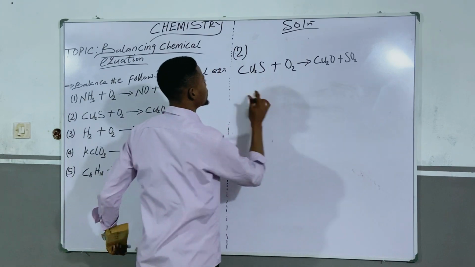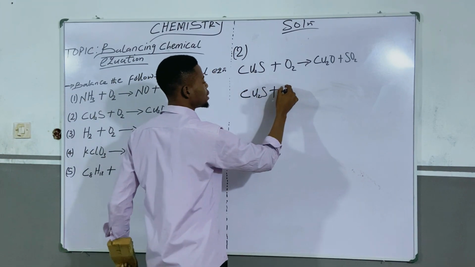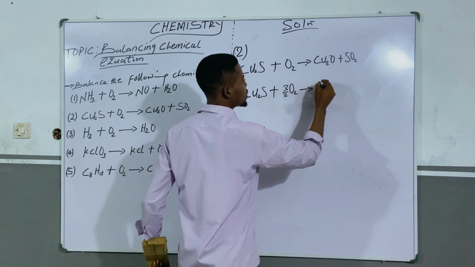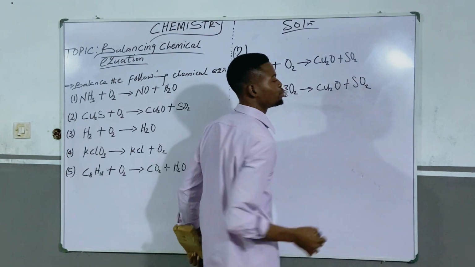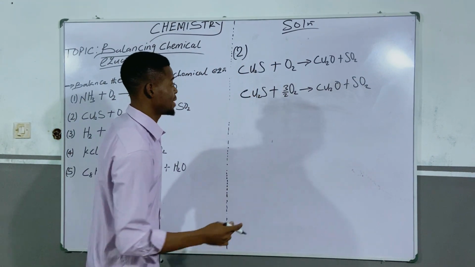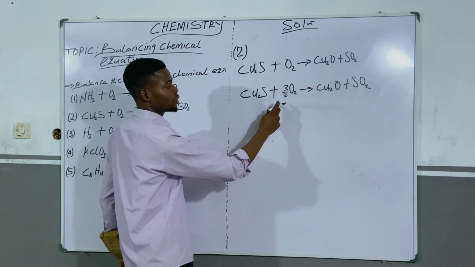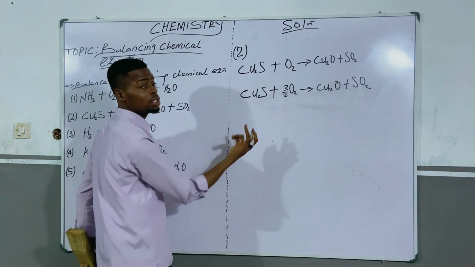So we are having Cu2S plus 3/2 oxygen to give us Cu2O plus SO2. Okay, so that is for that. Then you have to clear the fraction. The fraction here is 3/2, so we are multiplying everything by 2 because 2 is the denominator.